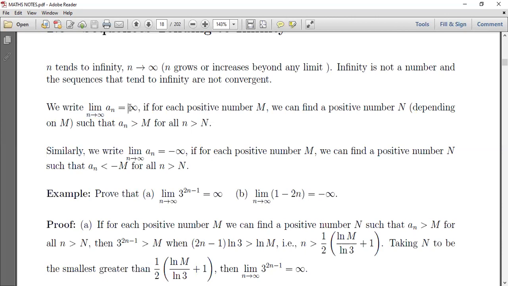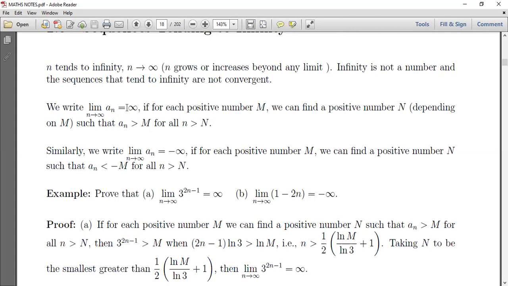if for a positive number M, we can find a positive number N depending on M, such that AN is greater than M for n greater than N. So this sequence is not approaching any limit, so it's diverging.